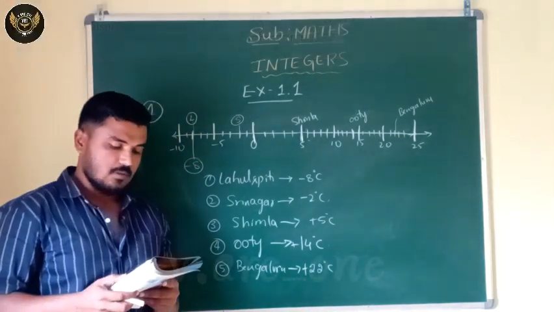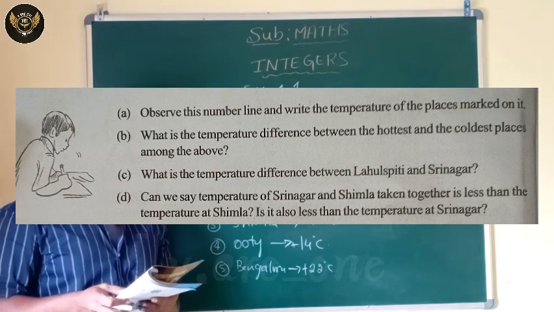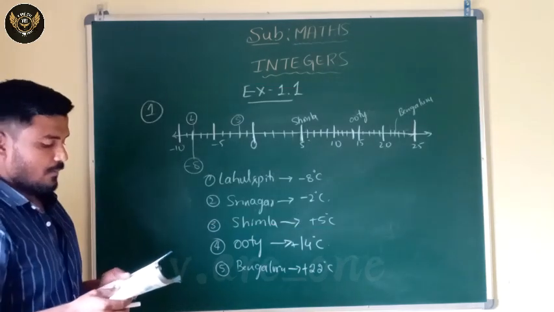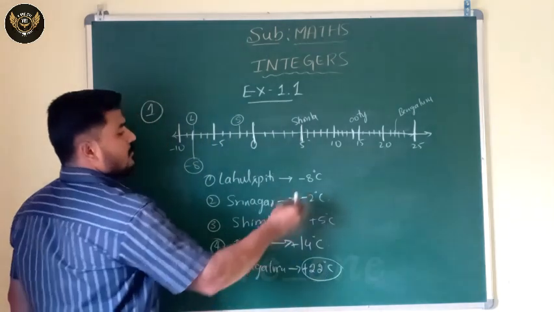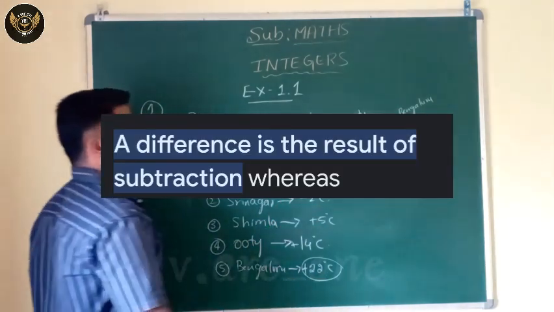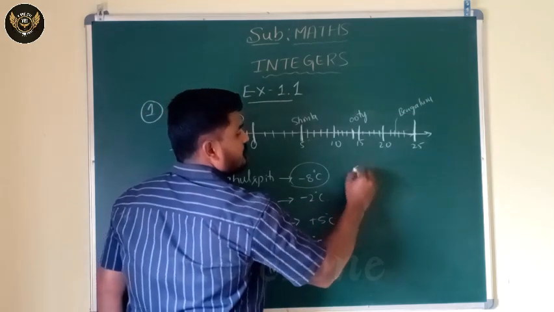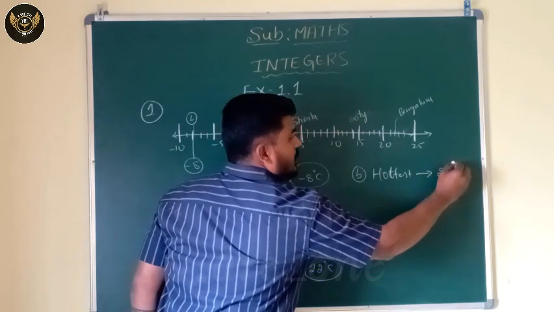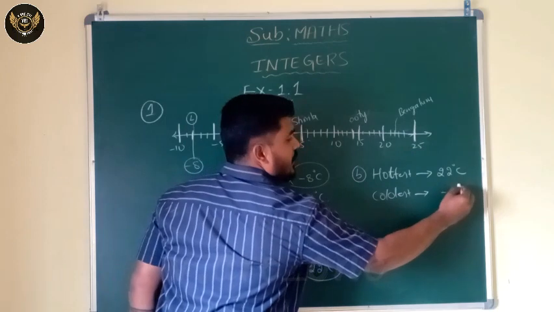And the second sub question: what is the temperature difference between the hottest and coldest places among the above? In the given picture, the hottest place is Bengaluru and the coldest place is Lahaul-Spiti. They asked for the difference. Difference means subtraction. Hottest is Bengaluru having 22 degrees Celsius and coldest is Lahaul-Spiti at -8 degrees Celsius.